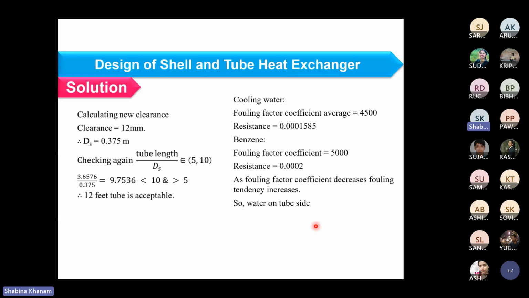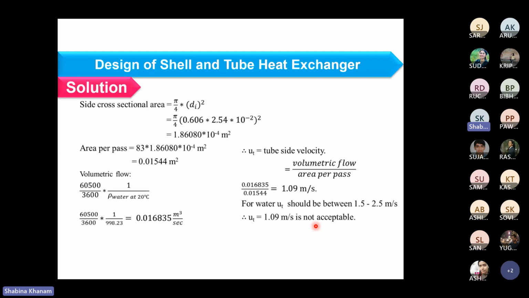However the difference is less, but you still need to choose the value for the different fluids. So based on that we can allocate the water to tube side, and benzene should be in shell side.